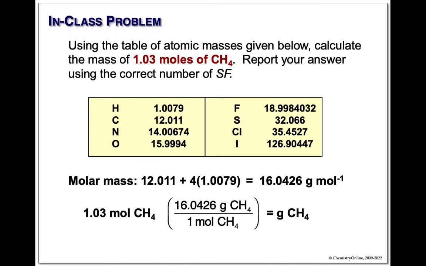Simply multiply 1.03 times 16, and we get a big number. Now, how many significant figures do we have? Well, we have a lot here, don't we? Only 3 up here.